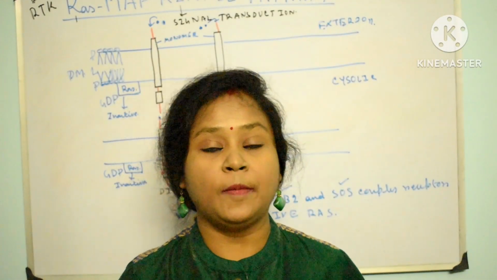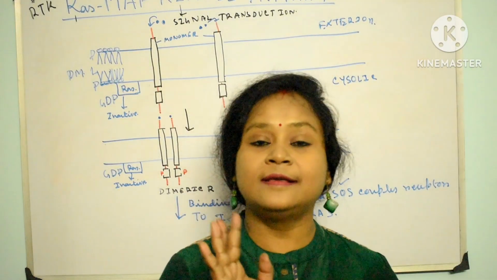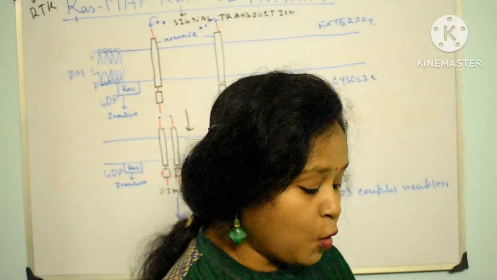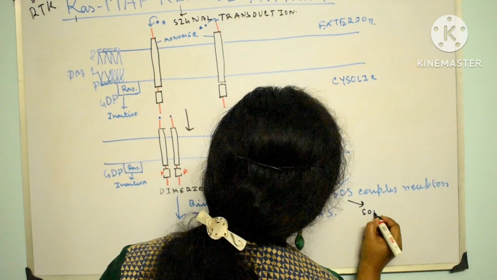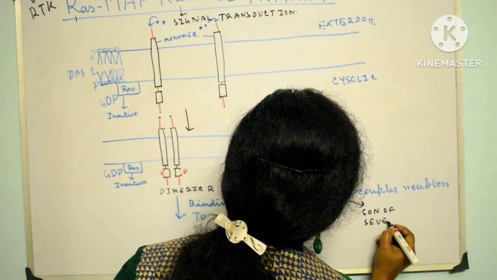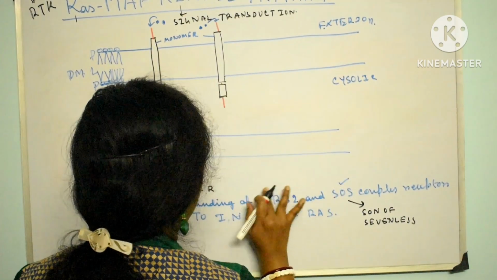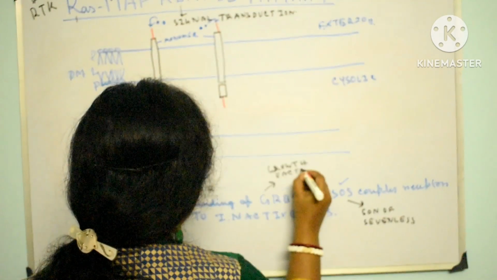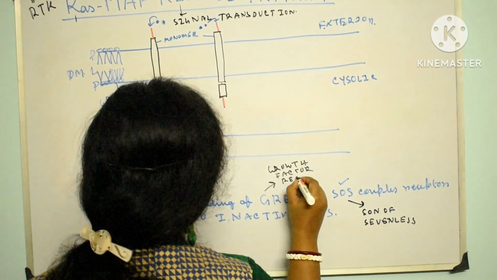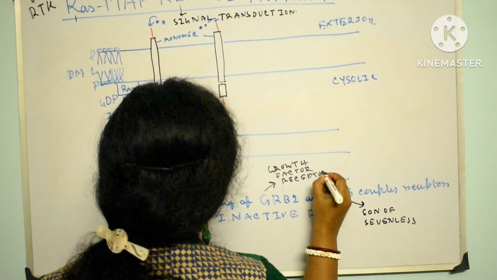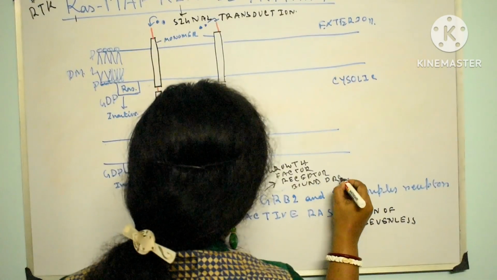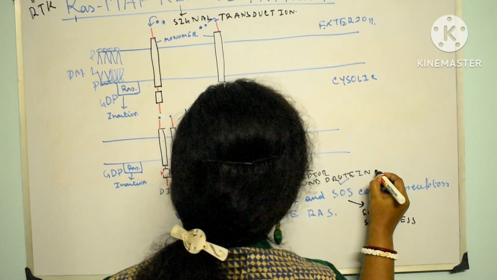The full form of GRB2 is growth factor receptor bound protein 2, and the full form of SOS is son of sevenless.